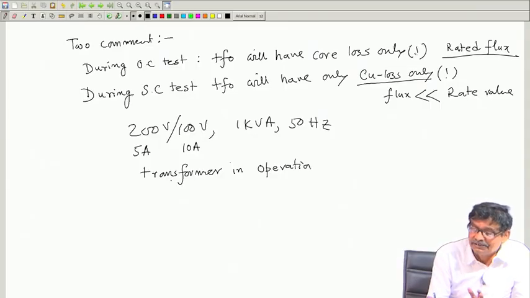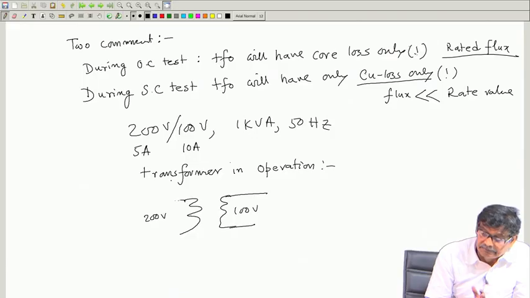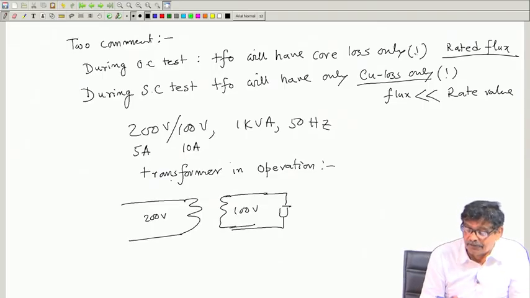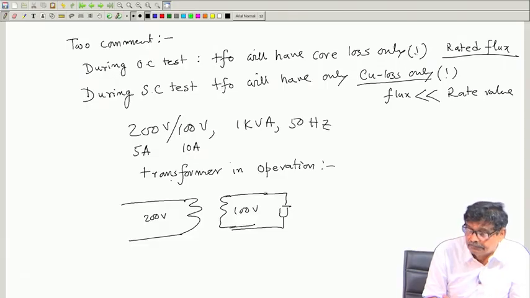In operation, the situation will be you apply 200 volt here, approximately you will get 100 volt there, and you will connect an impedance here. So, that you have purchased a 1 kVA transformer, you would always like to see the transformer operate under full load condition.